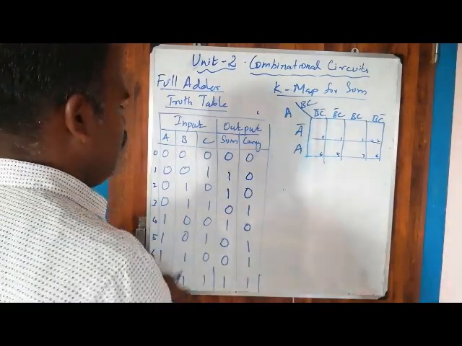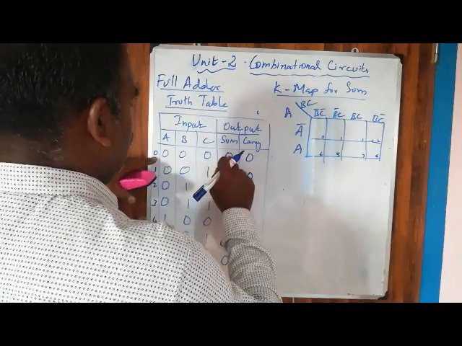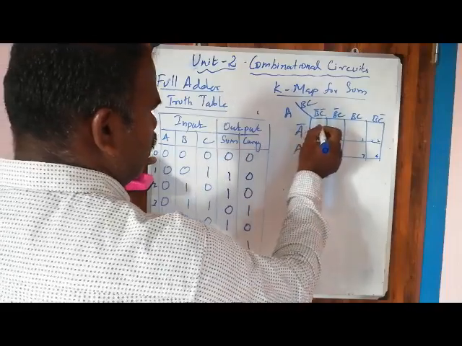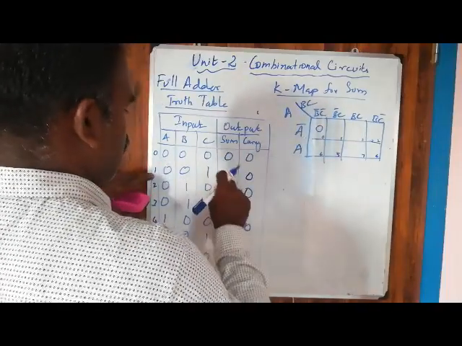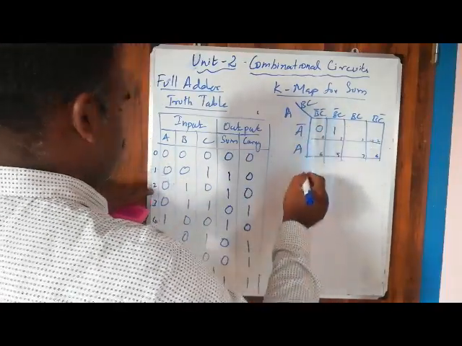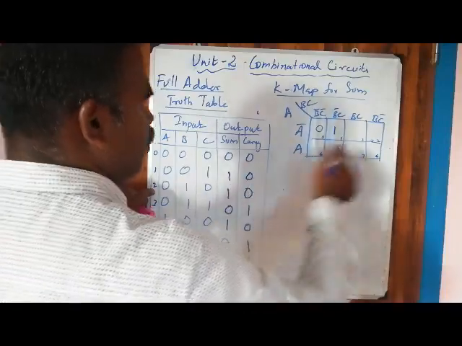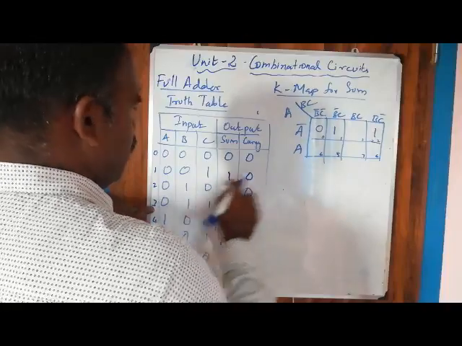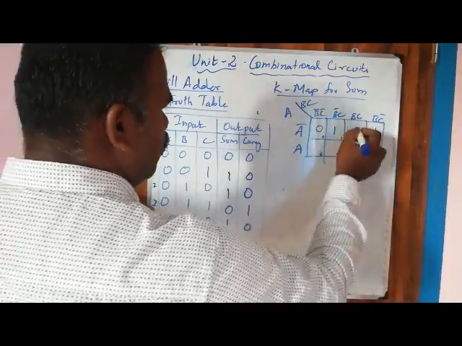So for sum, for minterm 0, we put sum is 0, and for 1 we put 1. For minterm 2, we put 1. For the third minterm, sum is 0.